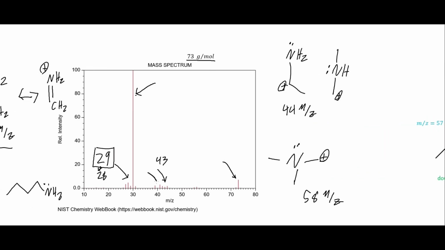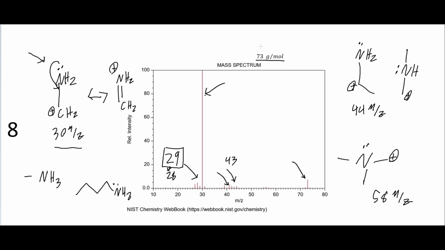And so that would be our 41 right there. And so again, this is always a good indication that there's a nitrogen when it's an odd M plus and then we have even fragments. And then you want to look for the even fragment at 30, at 44, or at 58 to try to determine what type of amine is in it.